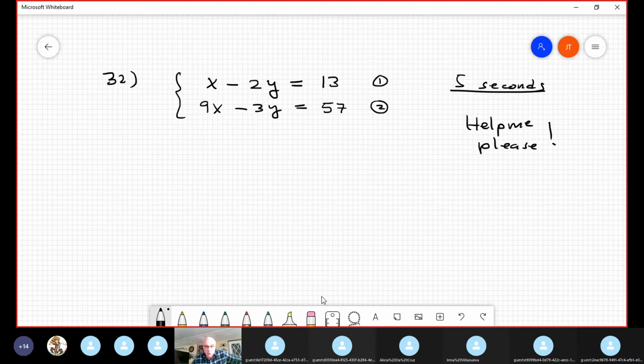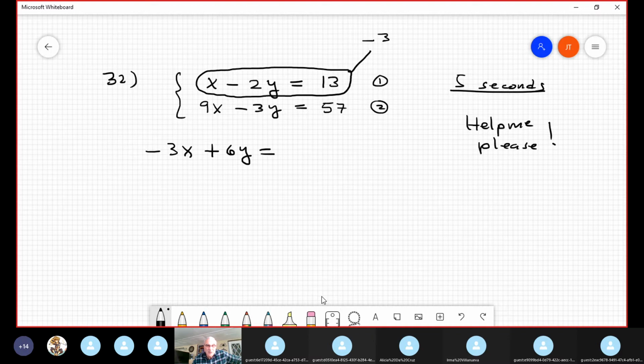Okay, suppose I multiply equation number 1 by -3. So we have -3x plus 6y equal -39, so 13 times 3. And this is my new equation 1. Now you take equation number 2 and multiply by positive 2.